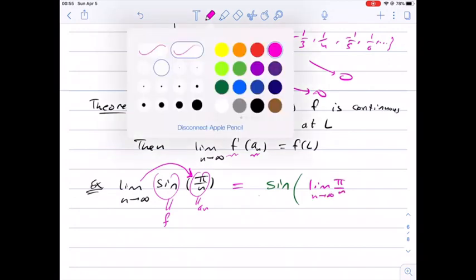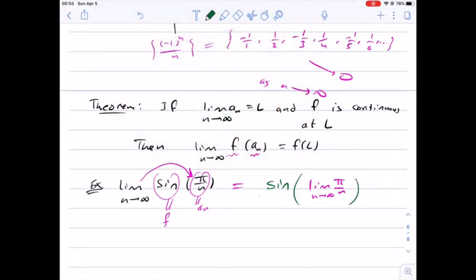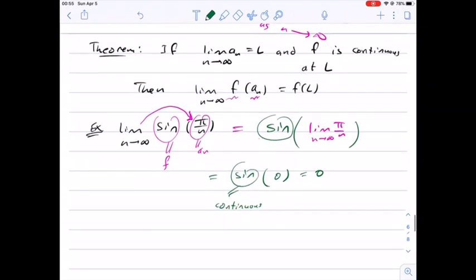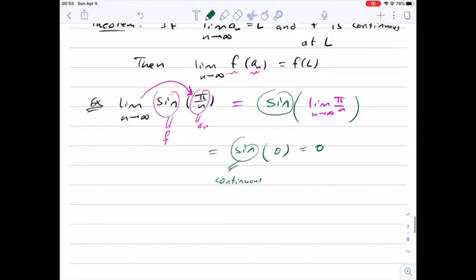We just take the limit of the sequence, and that is sine of, what is the limit of pi over n? Pi over infinity is 0. Sine of 0 is 0 because the sine function is continuous on its domain. The sine is a continuous function.